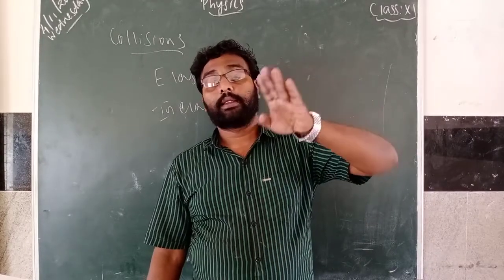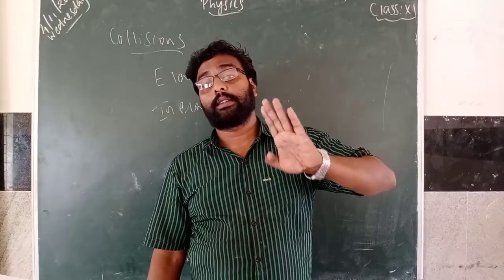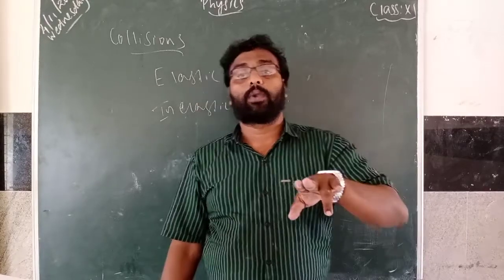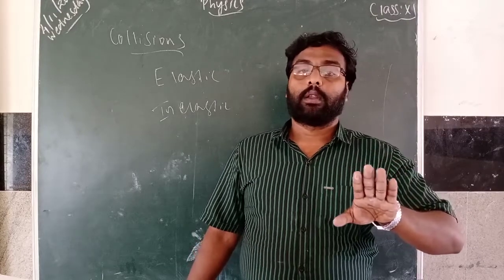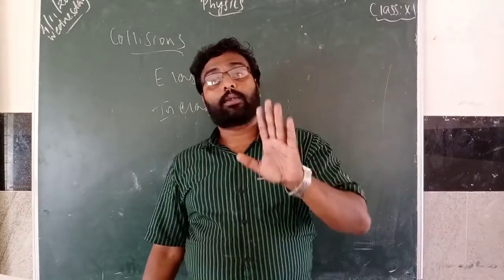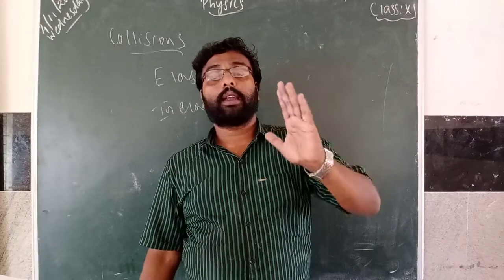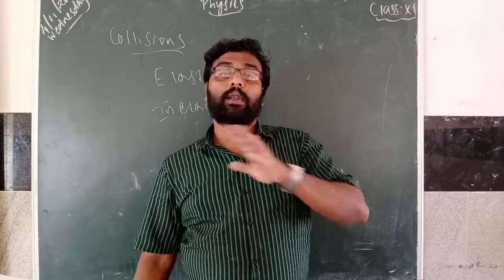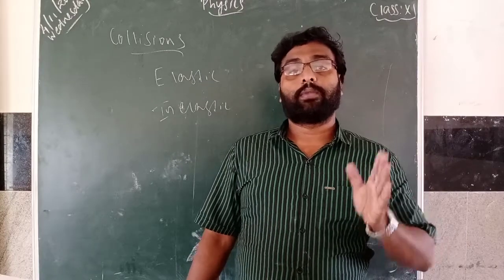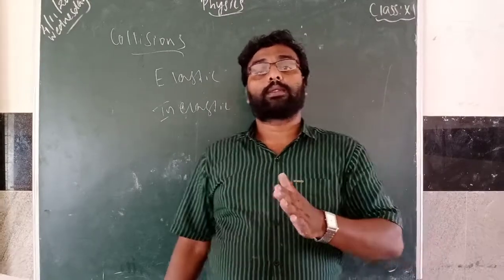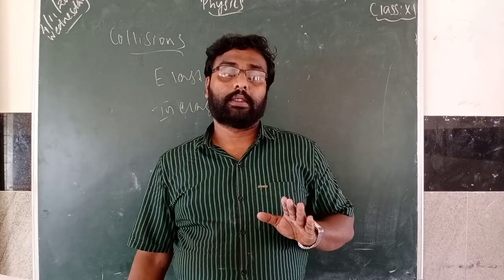Kinetic energy changes. Based on this kinetic energy change, there will be two types of collision, but momentum won't be changed. So elastic collision means the total kinetic energy before collision will be equal to the total kinetic energy after collision. Before, how much kinetic energy, after also the same kinetic energy.